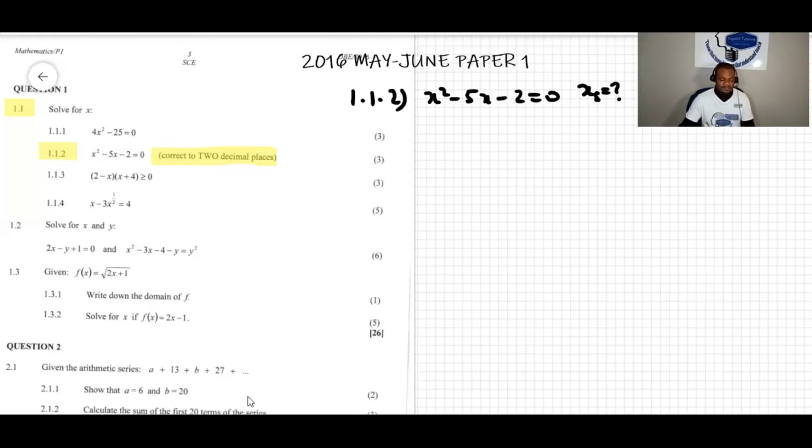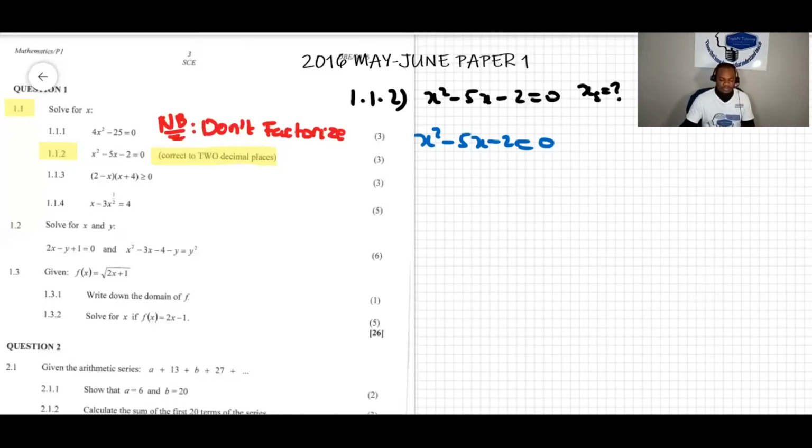So here, don't factorize. Okay, that's what it means. So now we have x squared minus 5x minus 2 equal to 0. Okay, I say here don't factorize, because that's what it implies.